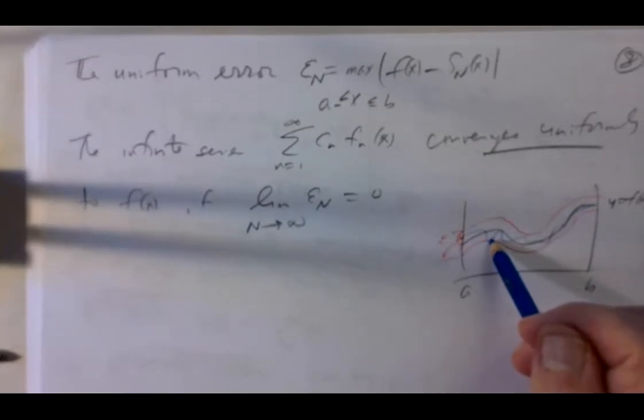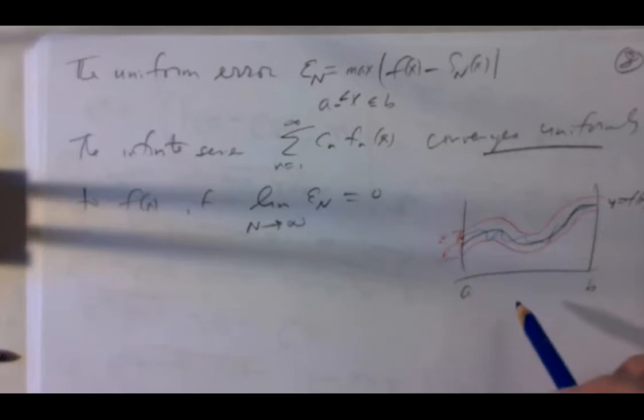So whenever you have uniform convergence, you certainly have pointwise convergence, but the opposite doesn't hold. The opposite statement isn't always true.